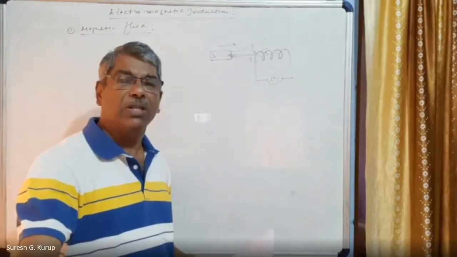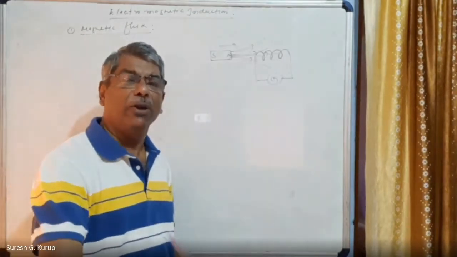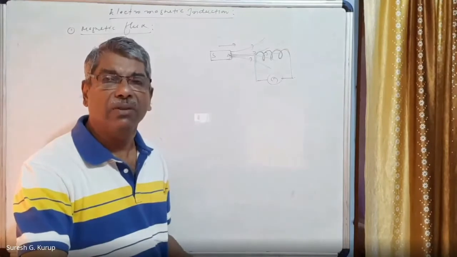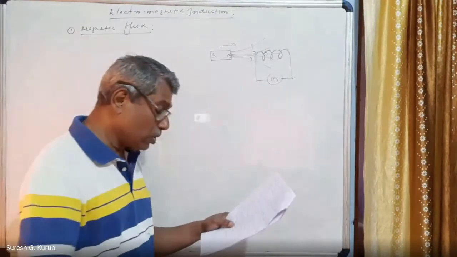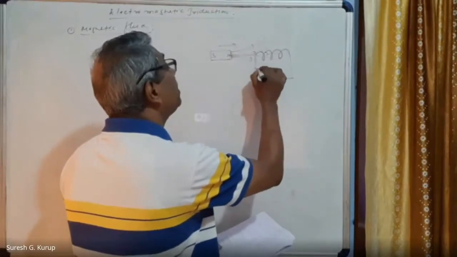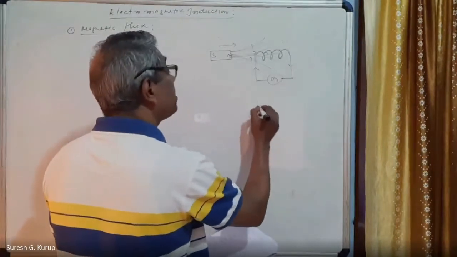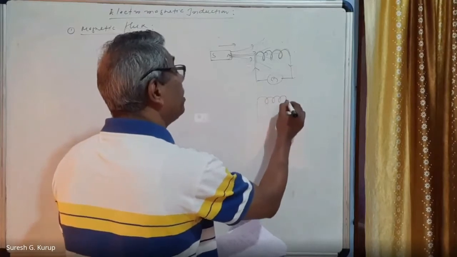The current flowing in the closed circuit in both cases will not be the same, because the effect of the EMF produced is different. Suppose in one case the current is like this; in the other case, the current will be in a different direction.